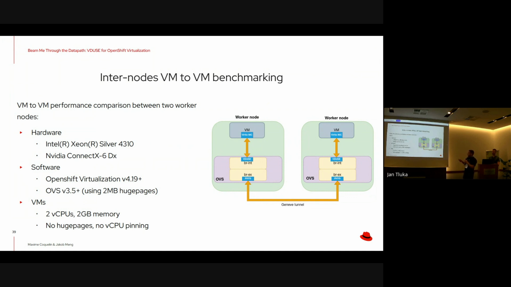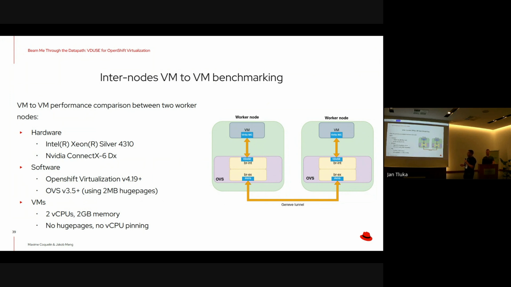The traffic goes from one VM through a ConnectX-6 Dx device, so the mlx5 PMD, through a Geneve tunnel and goes to the other VM. It's running on some classic Xeon CPUs.